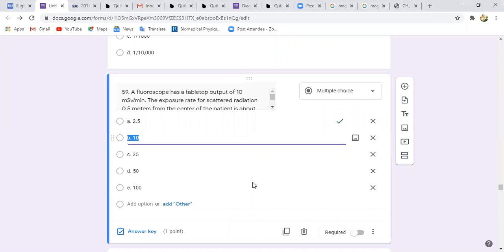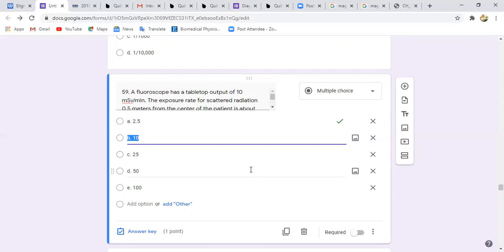Oh, are we sure about that? 60 multiplied by 0.4 is 24.